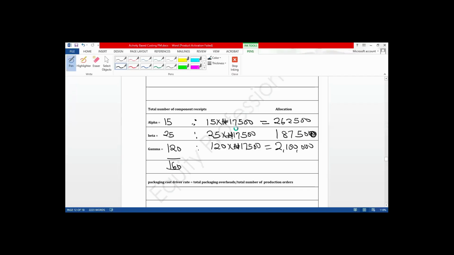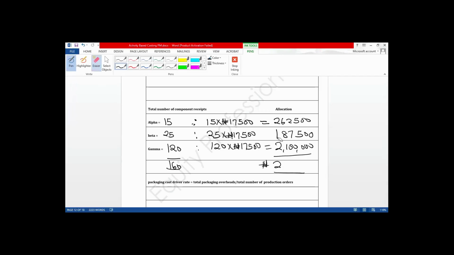If you check the last one, you are going to have 2.1 million. You can sum up. Total will give... Beta is 437,500, 25 times 17,500.